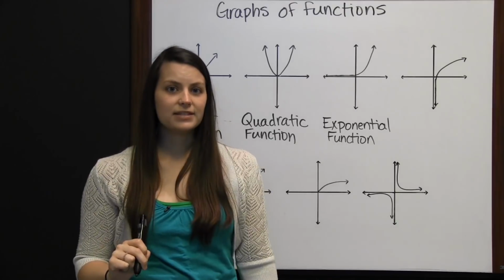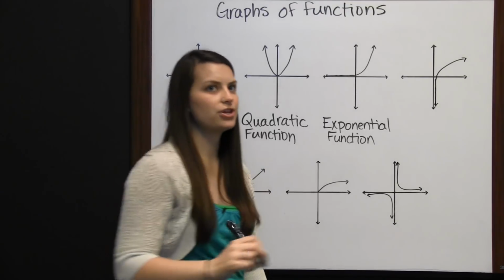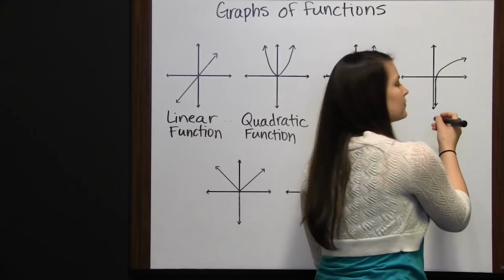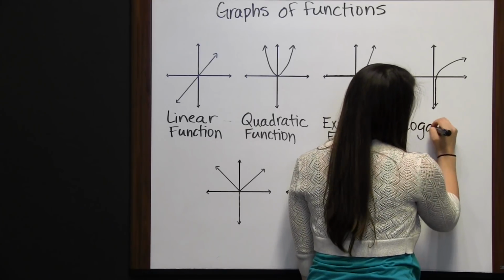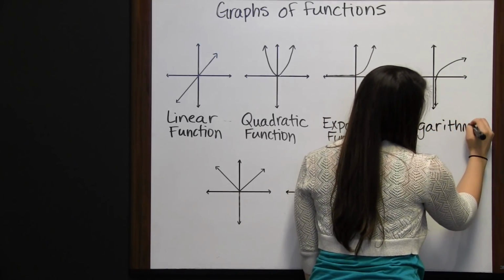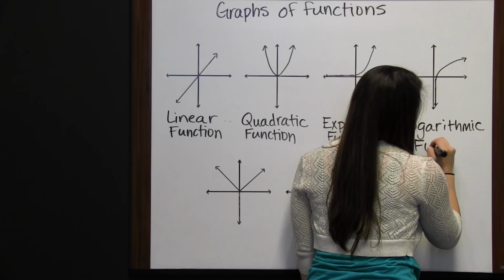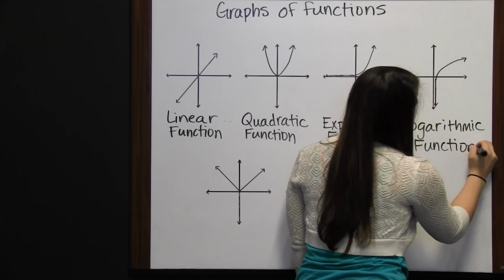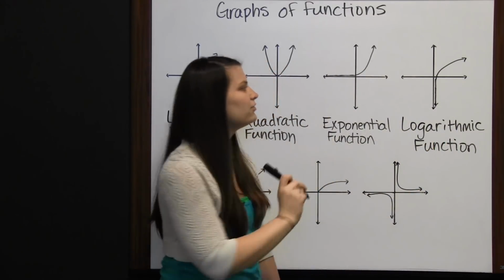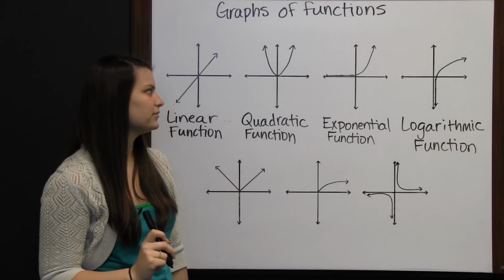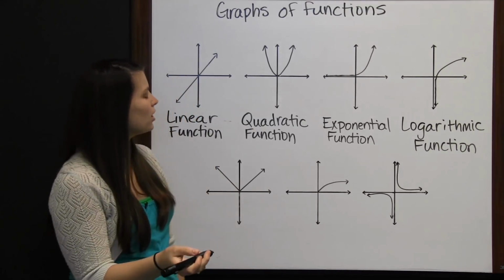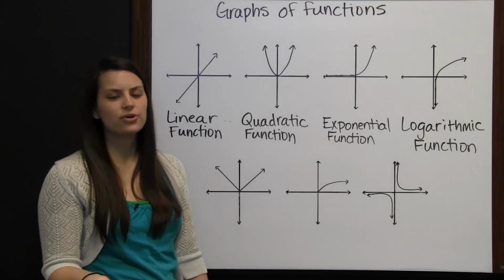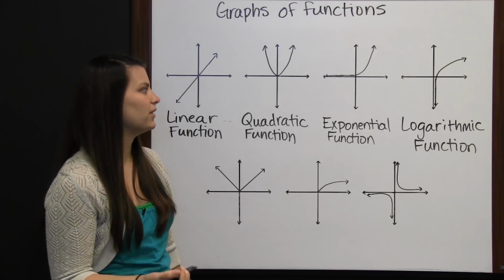This next graph is the graph of a logarithmic function. A logarithmic function is the inverse of an exponential function. We should also talk about the asymptotes of an exponential and a logarithmic function.